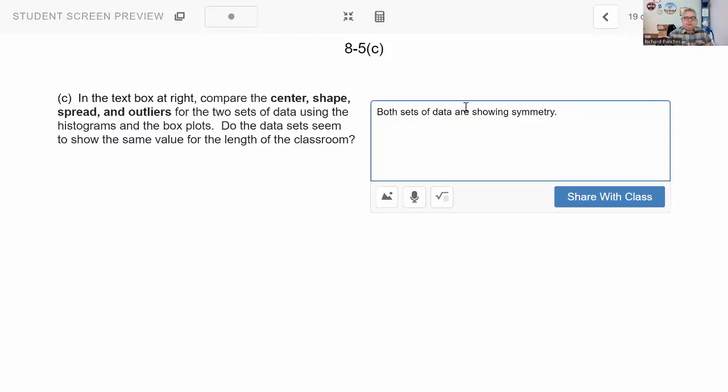They both have one peak, period. The ruler data shows a wider spread of answers compared to the tape measure data.